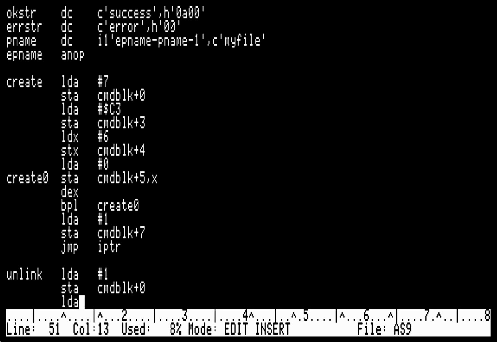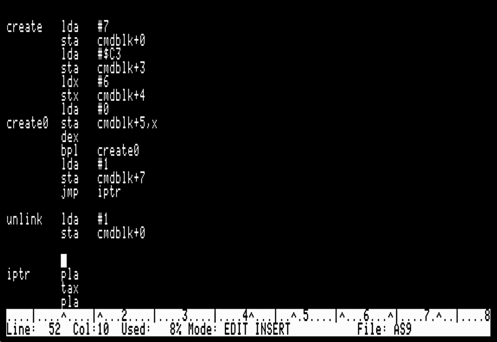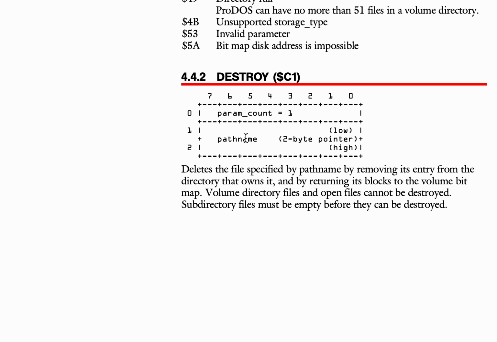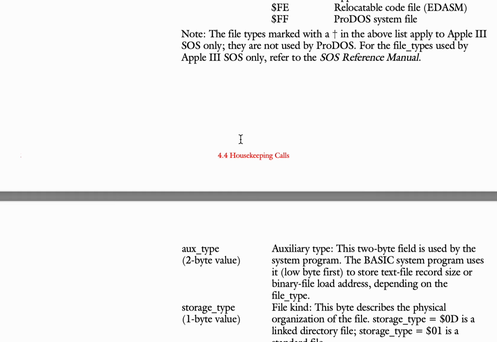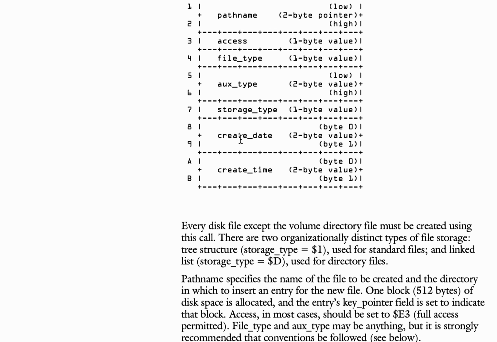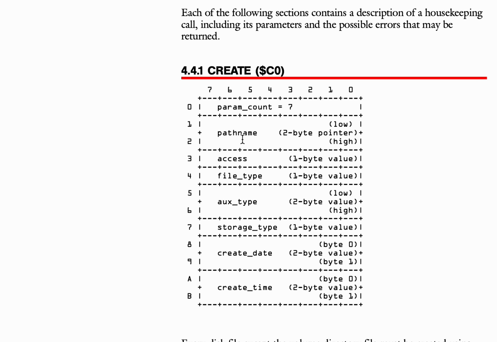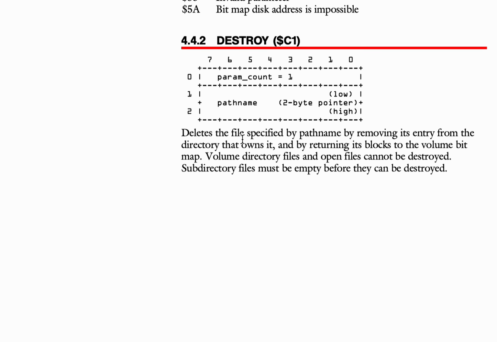I think that's it, right? Then I'll just jump to iPointer. And iPointer will extract the path name and put it right here. It's in bytes 1 and 2, which is the same place it was in the create call. So that's all great.